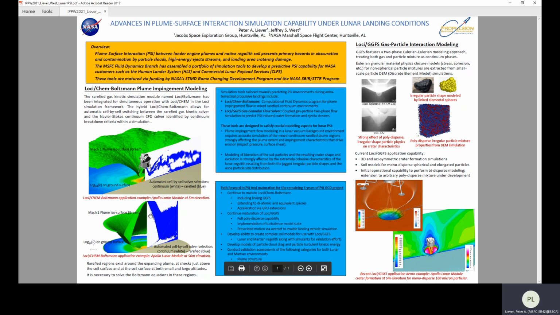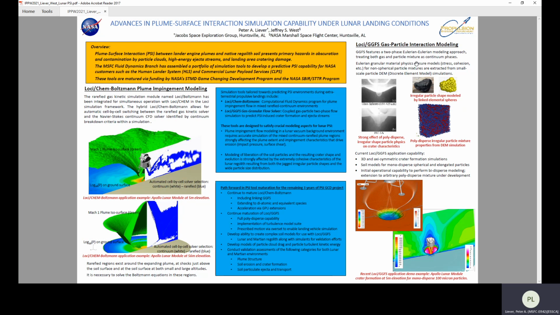Distinct regions where the transition from the continuum to the rarefied flow solver is important, such as the outer region of the plume, shock locations, and slip flow surface areas near the impingement of the lunar soil, are clearly captured by this simulation capability.